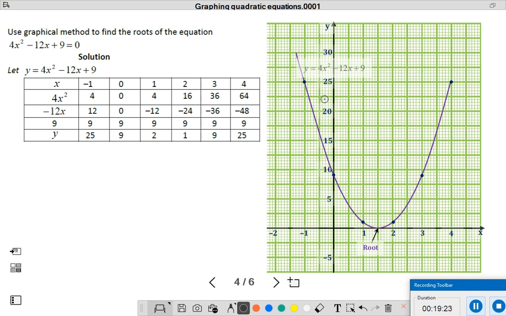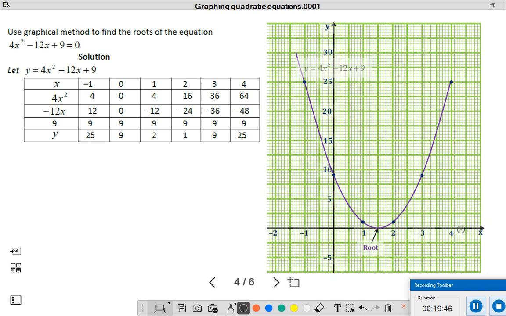Please choose a suitable scale, and plan for your graph. As you can see here, the highest value of y is 25, and the smallest is 1. So I need the upper part of y more than the lower one. That's why my graph looks like this. My axes have been drawn like this.